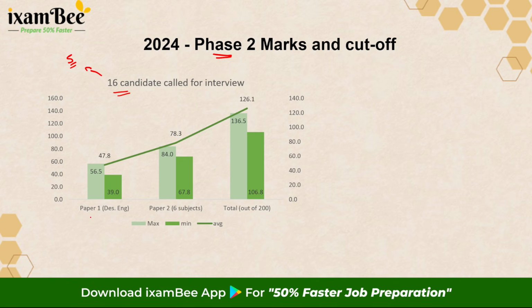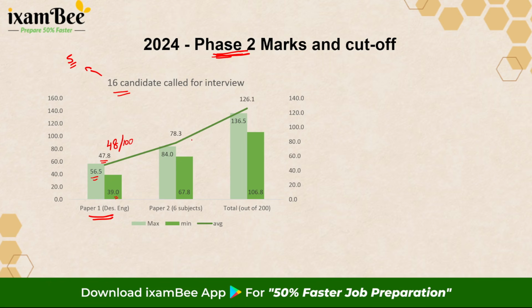If we focus on paper 1, the maximum marks that these 16 students obtained was 56.5, while the minimum was 39, of course out of 100, and the average was 47.8. So approximately 48 out of 100 was the average marks of the candidates who cleared Phase 2.